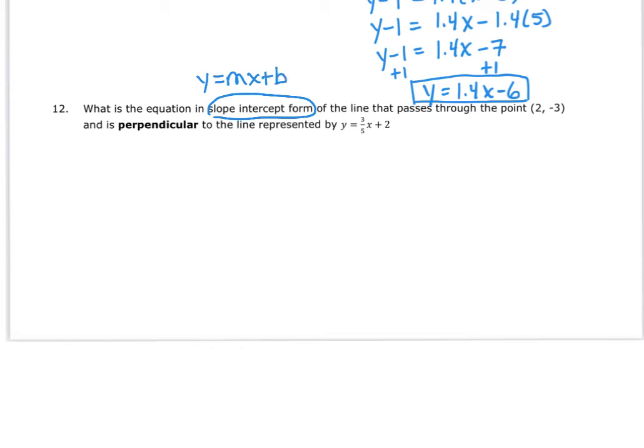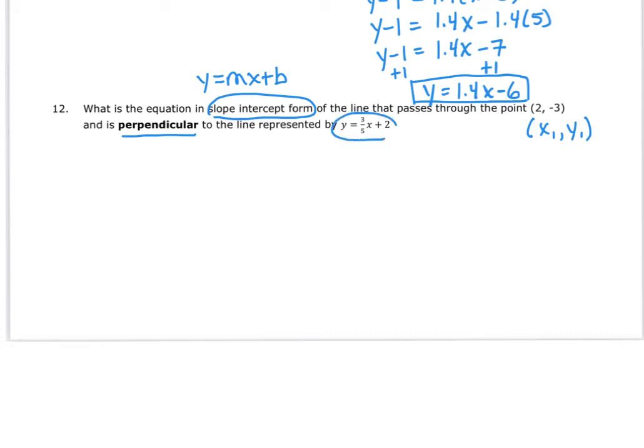The line passes through the point (2, 3), which is our x1 and y1 value, and it is perpendicular to the line represented by this equation.